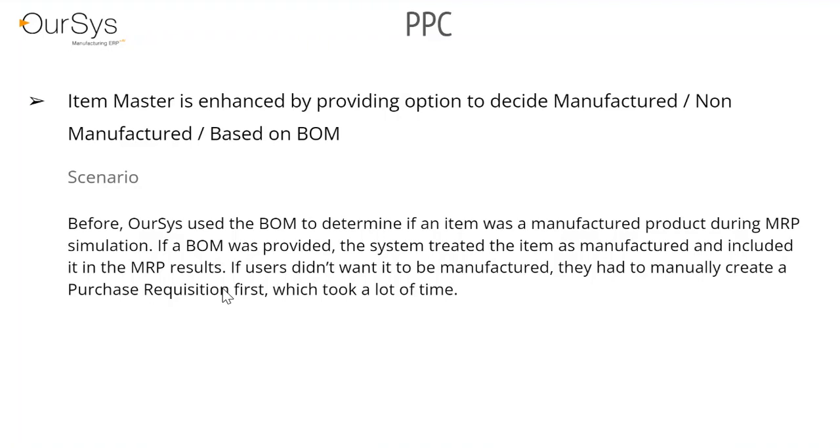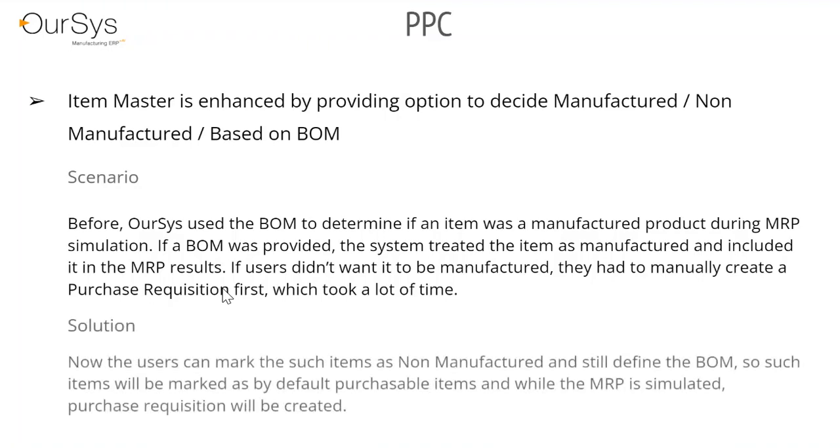So in simple words, if an item has a BOM, it was marked for manufacturing by default. If the user wanted to avoid this and have the item treated as purchase instead, they had to go through an extra and lengthy step. Now, the user can mark certain items as non-manufactured but still include them in the bill of material.